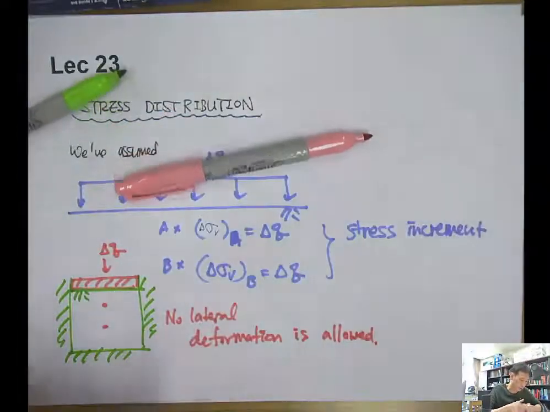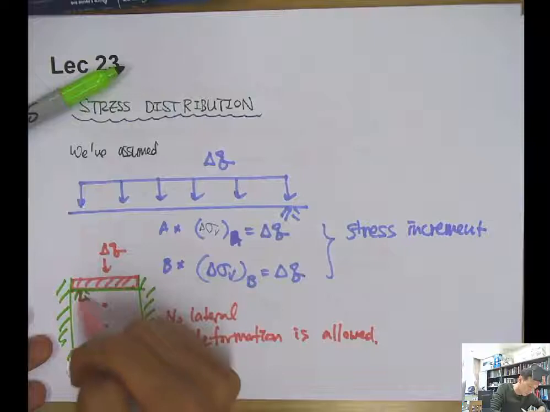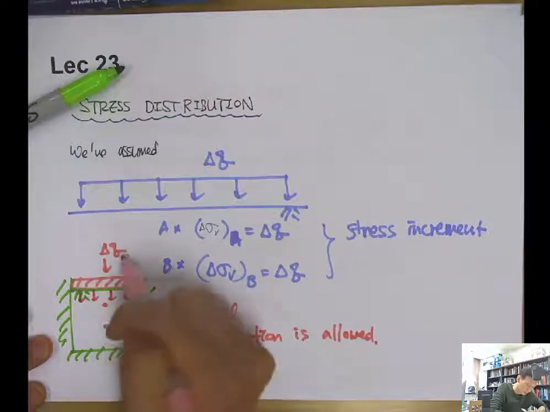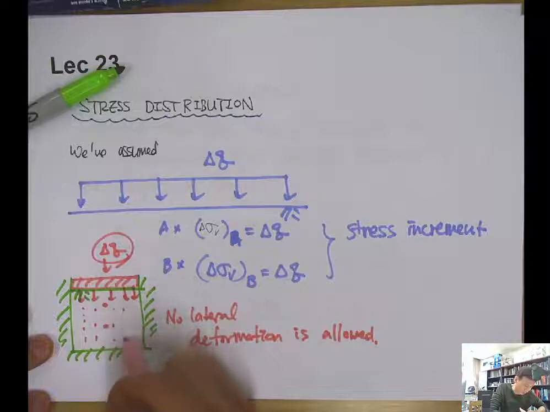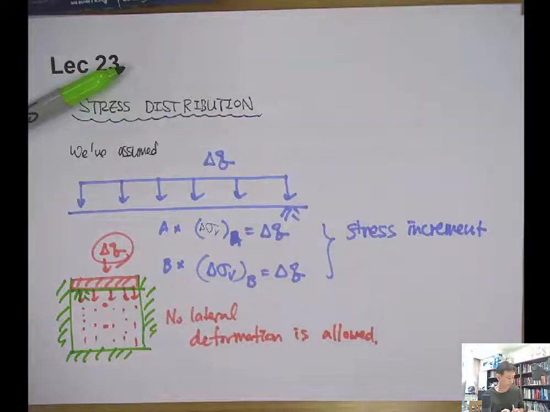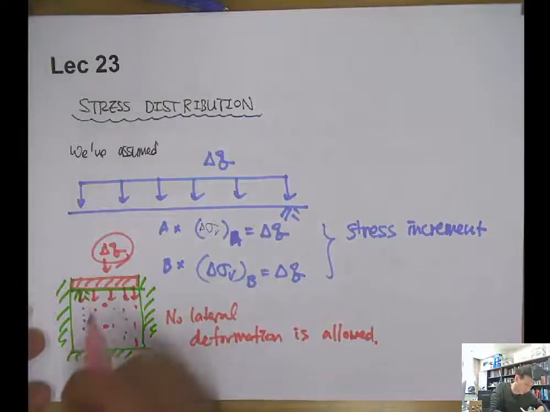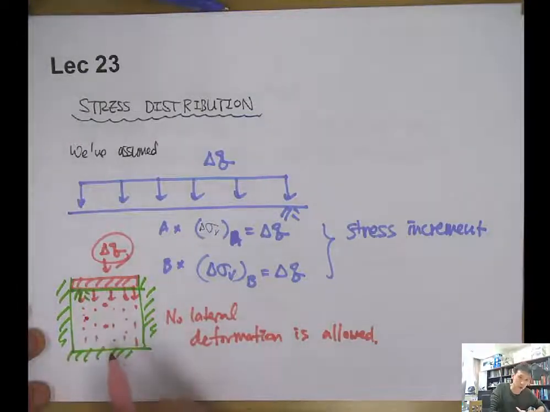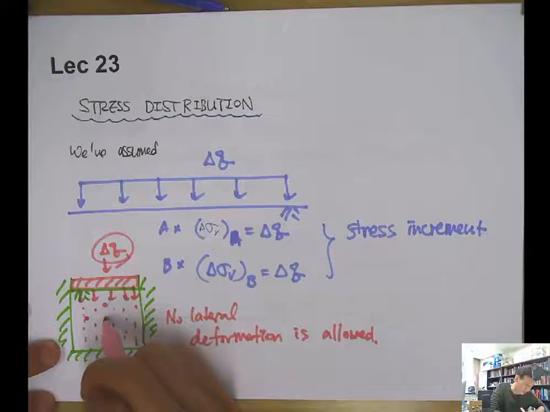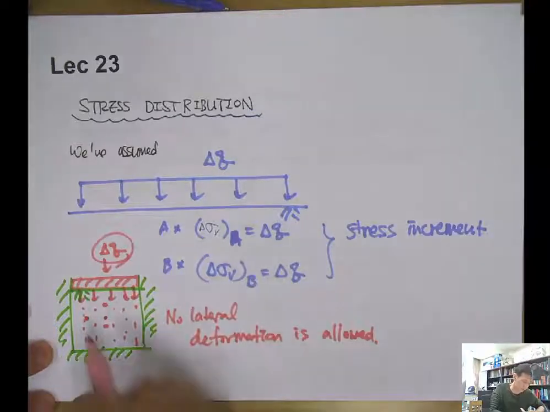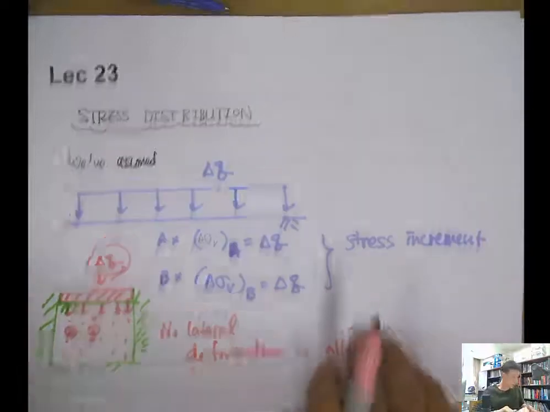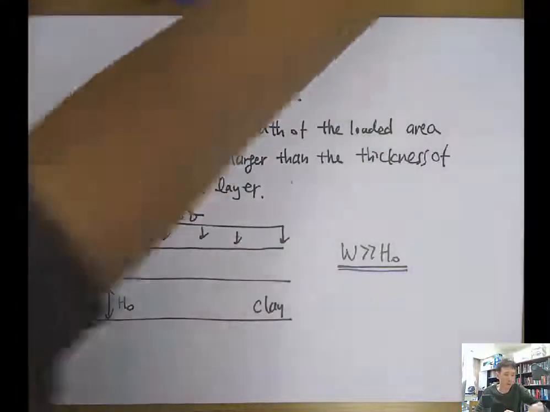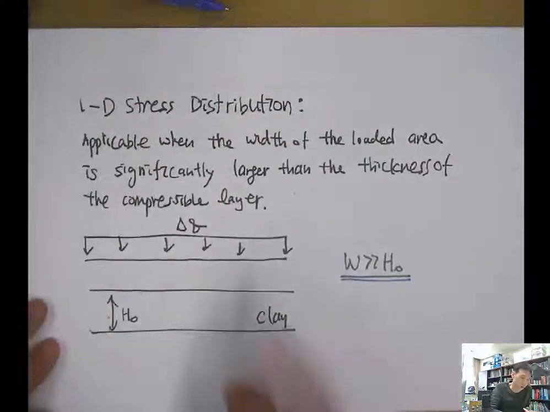So all the force from this delta Q is transmitted vertically. Right? The soil here will feel the same stress increase as the soil here. And this is called a one-dimensional stress distribution.